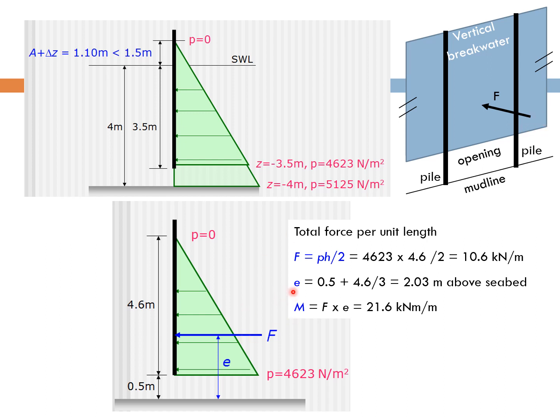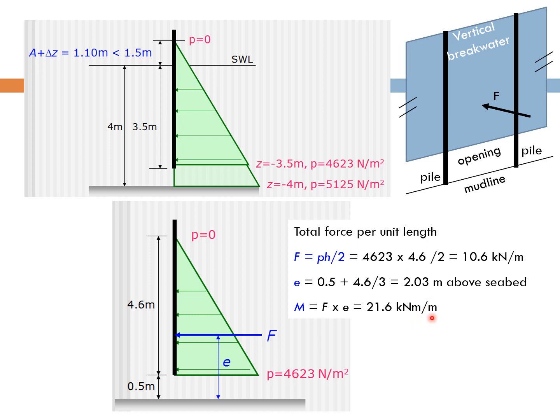In order to find the moment arm E from the seabed, that is given by this 0.5 meter plus 1/3 of the 4.6 meter over here from the base of the pressure distribution triangle. So we get 2.03 meter above seabed. By multiplying F by E, we get the total moment that acts on the vertical panel, which is 21.6 kilonewton meter per meter.